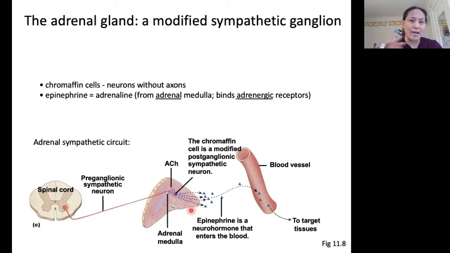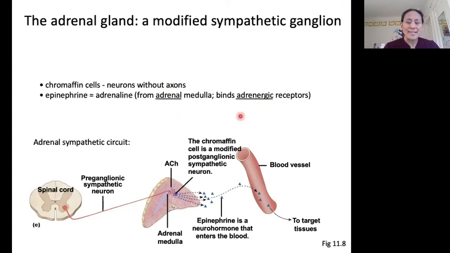They're just different names for the same thing. And I just want to point out that's where adrenaline gets its name, because it's from the adrenal medulla. And then epinephrine binds to adrenergic receptors. So adrenergic is a word that is related to the word adrenaline, okay?